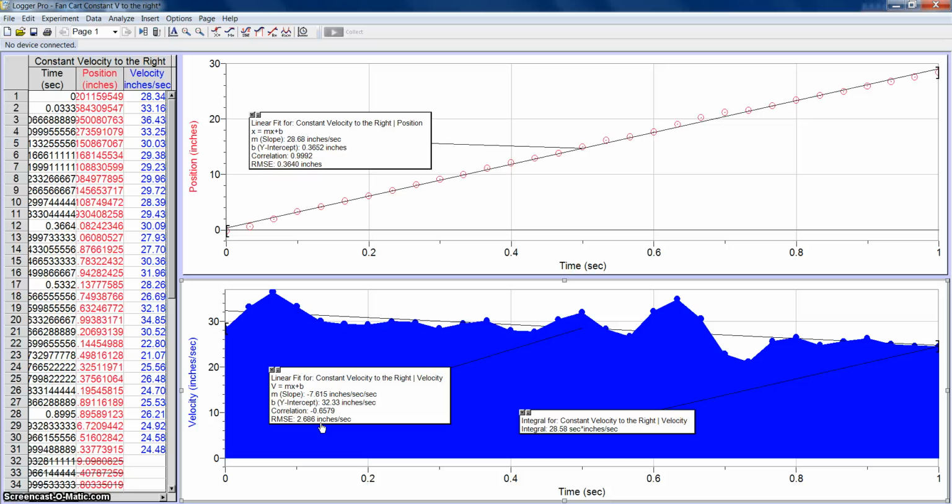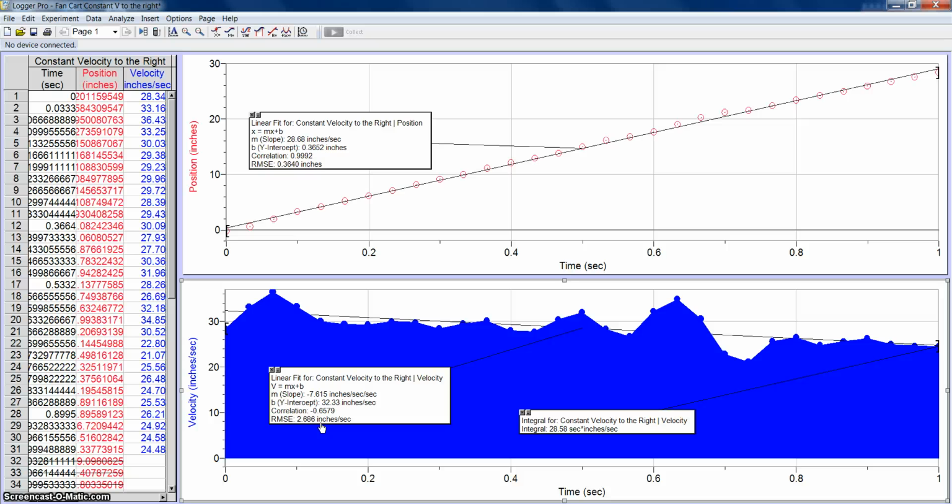This is actually our acceleration, and our acceleration should have been 0 if we had a constant velocity, but since I couldn't get really a constant velocity, this is the closest I got, and our acceleration should be 0, but it's actually negative 7.615 inches per second squared.